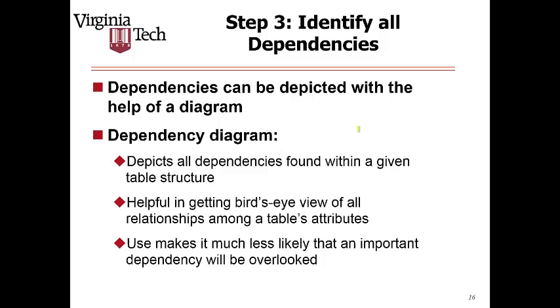So I like dependency diagrams, and of course you've seen them in the book, and basically you just draw an arrow from the determinants to the dependent, and that way you get a good look graphically.